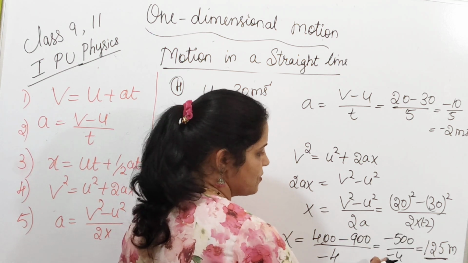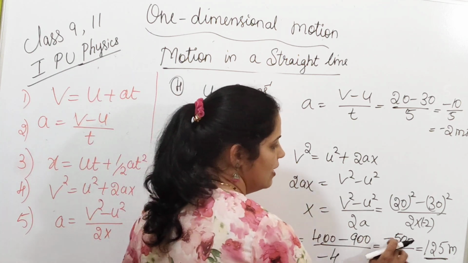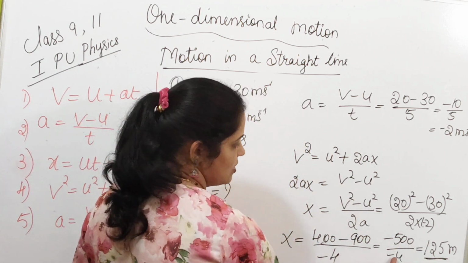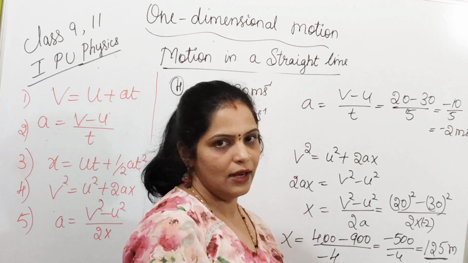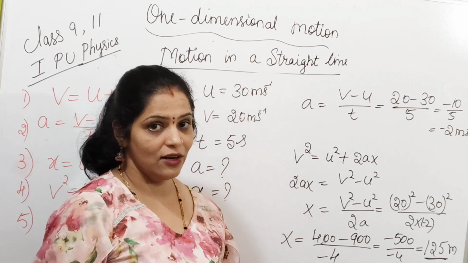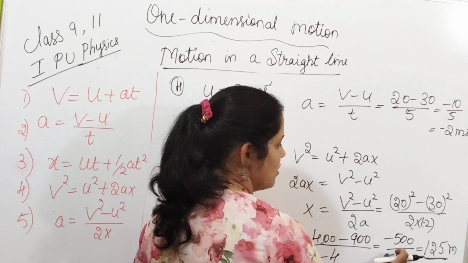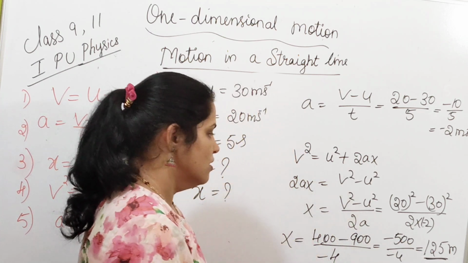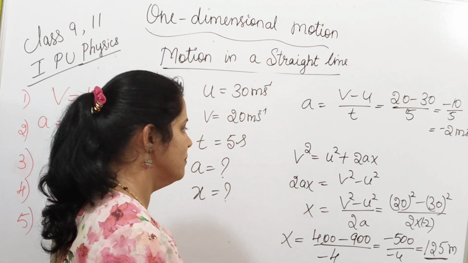If you forget to substitute negative, the numerator is negative, and the denominator would be positive, so x will be negative, which is not possible because you are calculating the distance covered. Hence you have to write minus 4, and on solving the negatives cancel and you will get 125 meter.